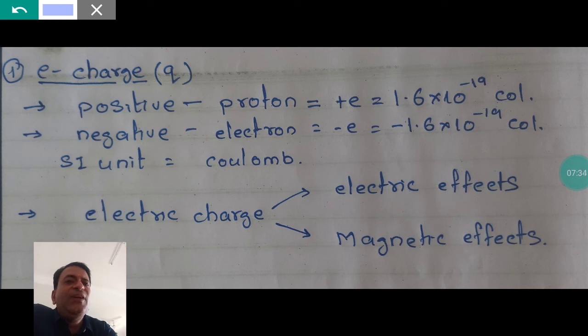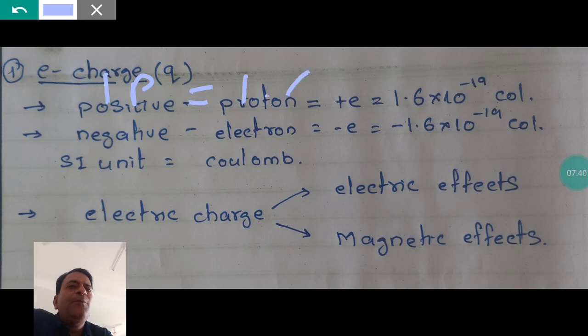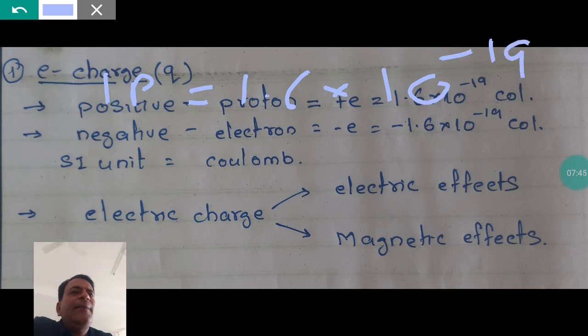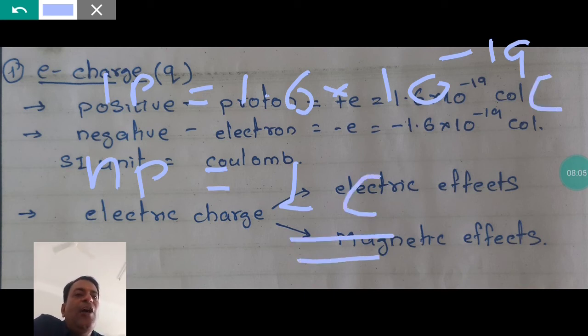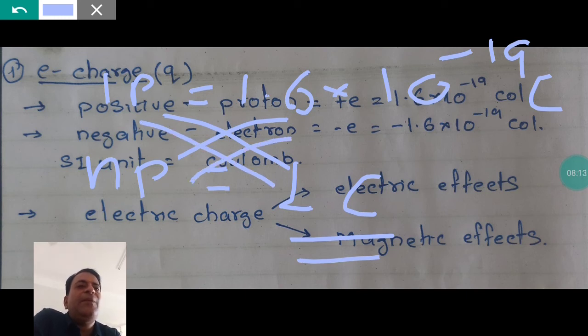See, if I have 1 proton and the charge on it is 1.6 into 10 to the power minus 19 coulomb, then how many protons, n number of protons, do I need if I want to have 1 coulomb charge? Just make a cross multiplication. 1 multiplied by 1 coulomb and n multiplied by 1.6 into 10 to the power minus 19.